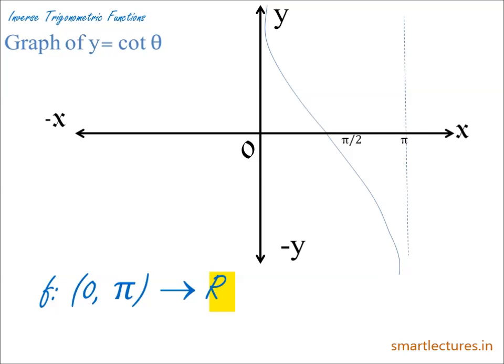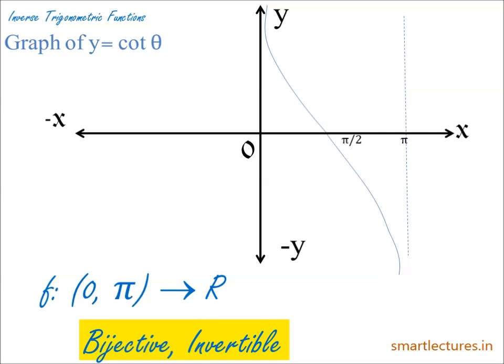And also in the interval 0 to pi, it is a bijection. And as it is a bijection in this interval, that means it is also invertible. So we can find its inverse in the given interval.